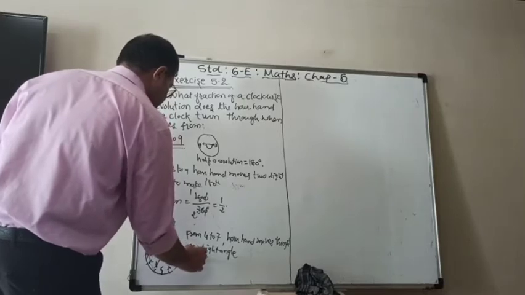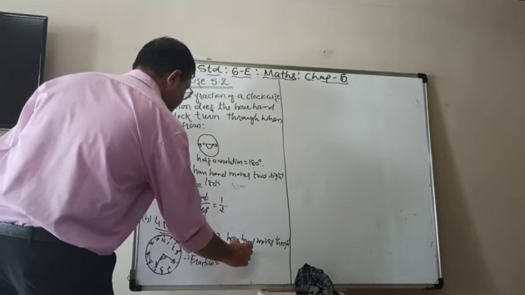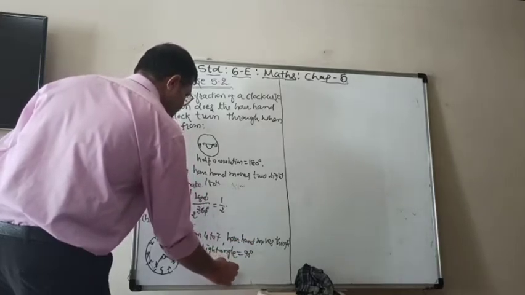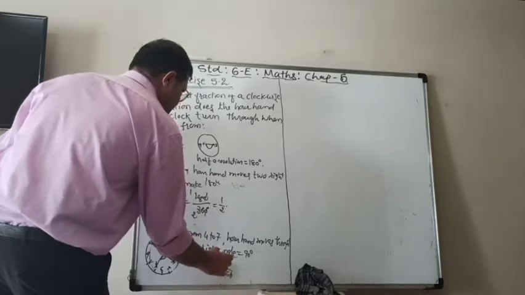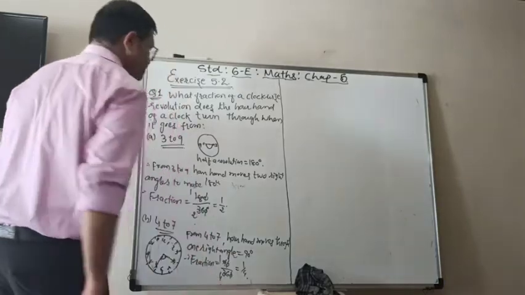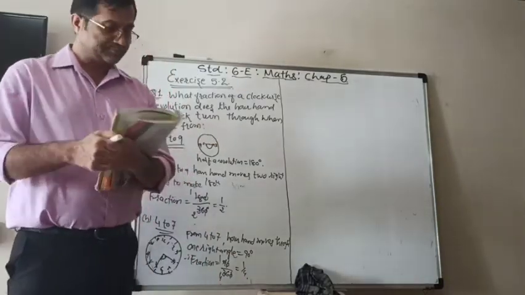Therefore, the fraction: 1 right angle means 90 degrees. So it is equal to 90 upon 360. 0, 0 cancel, 9 fours are 36. So that is 1/4 of the revolution.